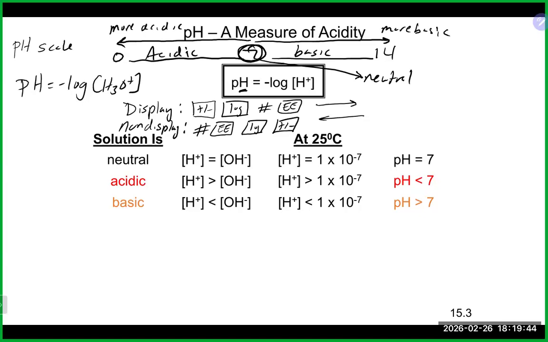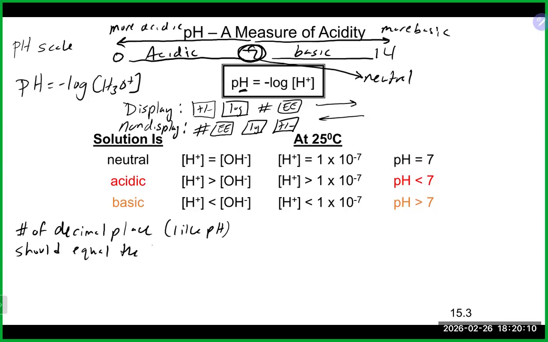Now let's talk about everybody's other favorite thing, which is significant figures, and when you do a calculation like pH. So for example, the number of decimal places in a value like pH should equal the number of significant figures in the concentration value.